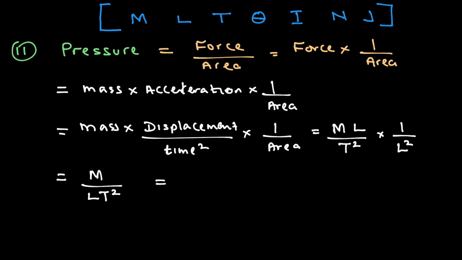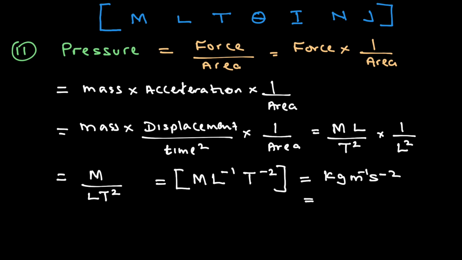And if we put that into square bracket, that will be M, L to minus 1, t to minus 2, close square bracket, and the unit now would be kilogram per meter per second squared, and that's pressure. And this is called Pascal, and Pascal has a symbol of Pa. So that's what we call Pascal.